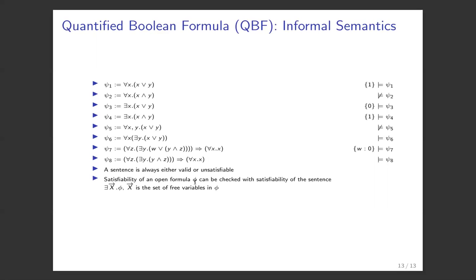Also, satisfiability of an open formula phi can be checked with a sentence. The satisfiability of an open formula is equivalent to checking the validity of the closed formula obtained by adding an existential quantification.